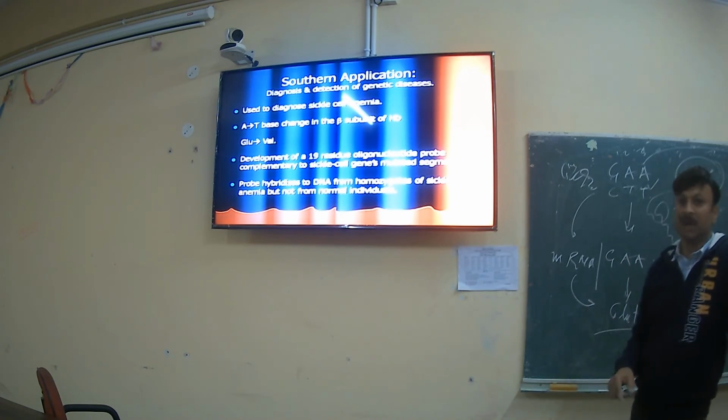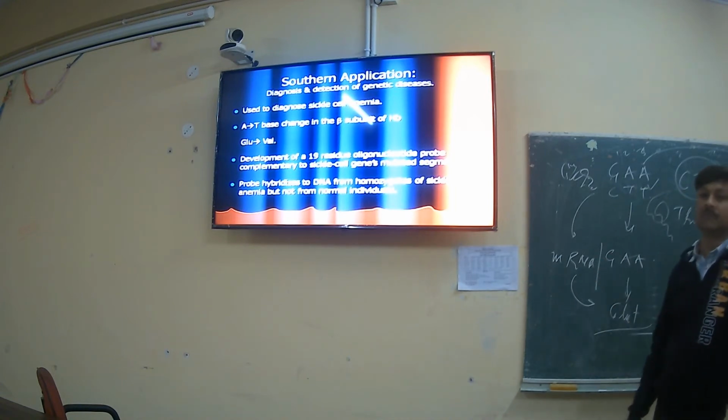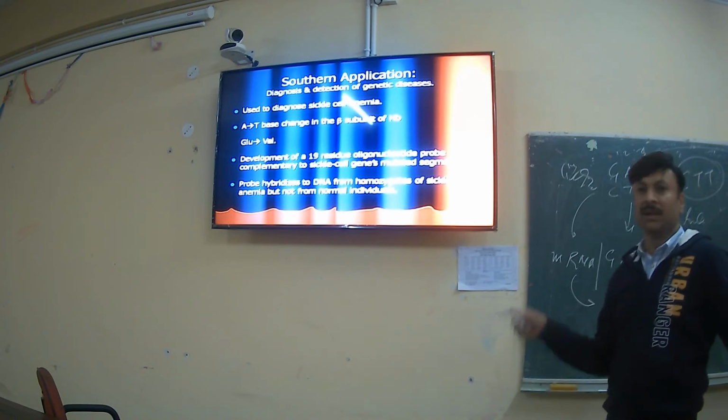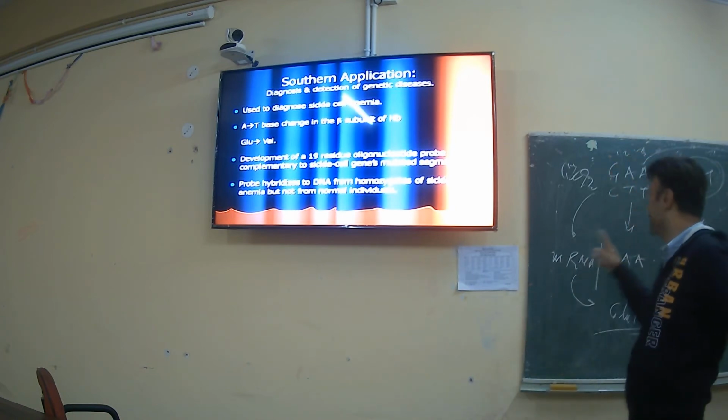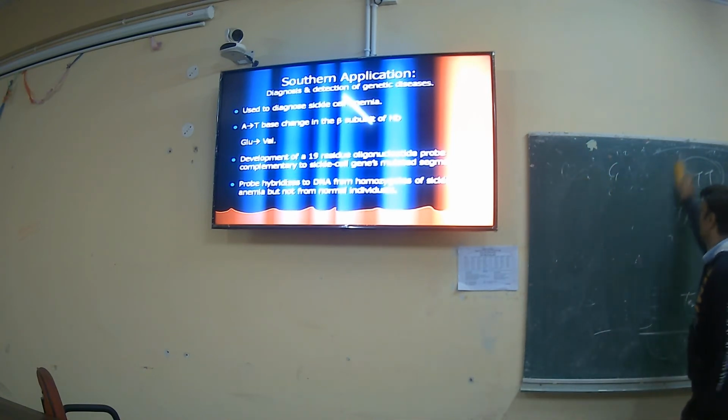In the HIV case, that will be done by blotting, by Western blot or Southern blot. The cycle of the HIV virus is that first the virus binds on the surface of the membrane.